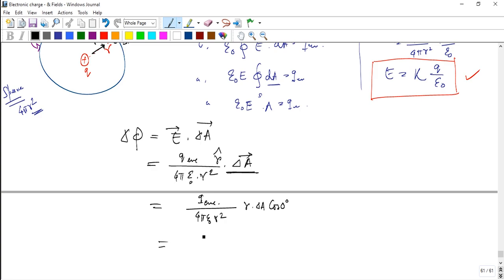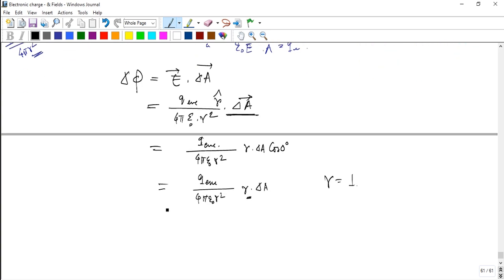Finally we get q enclosed by 4 pi epsilon naught r square times r dot delta A. R is a unit vector, equal to 1. So we get q enclosed by 4 pi epsilon naught r square times delta A. That is delta phi.